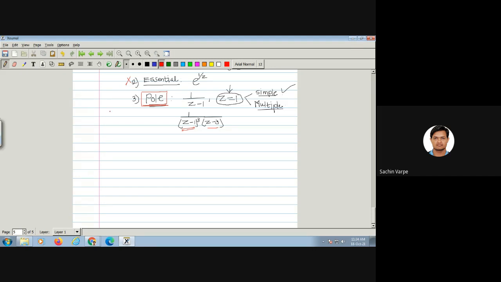So I'm directly discussing the method now. Inversion integral method.